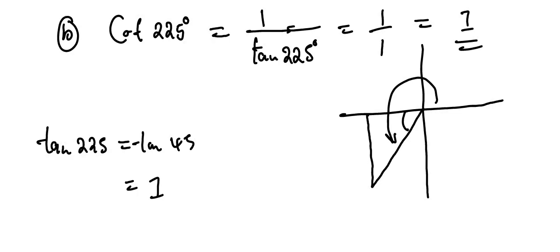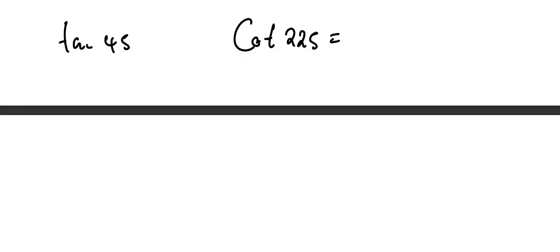But that is just going to be you prolonging things, because what does cot mean? Cot means 1 over tan. Are we able to solve tan 45? Yes, we can. But then you are prolonging the process. Yes, you can say cot 225 is the same as, you want to say this is the same as cos.